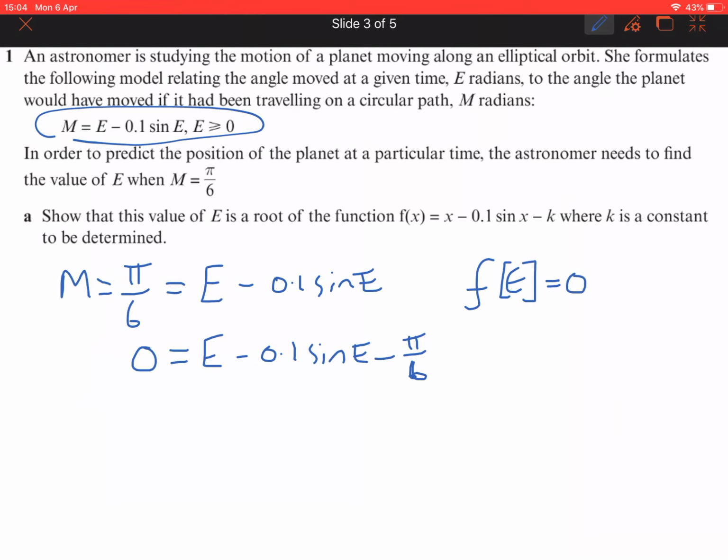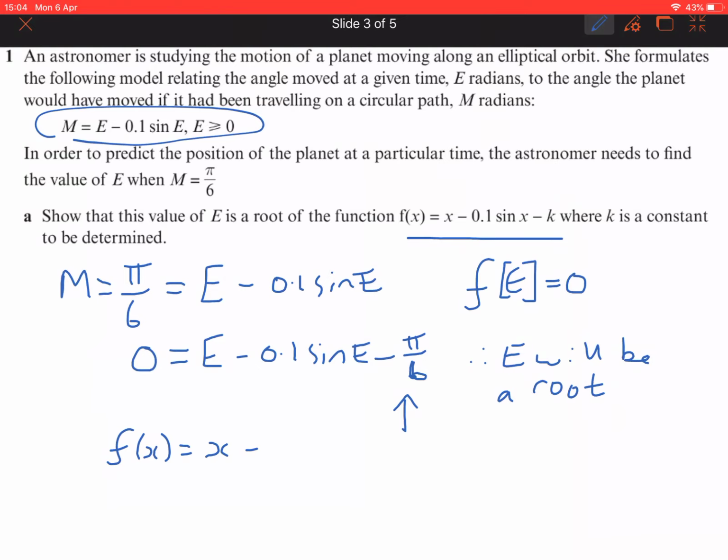Hence, E will be a root when, if we compare this, f of x is x take 0.1 sine x take k, so therefore we can see that this is when k will be pi by 6.